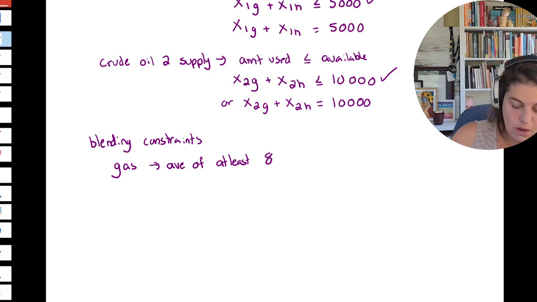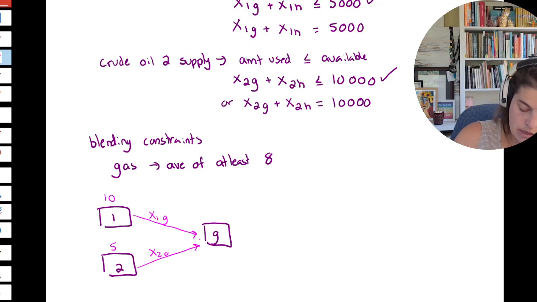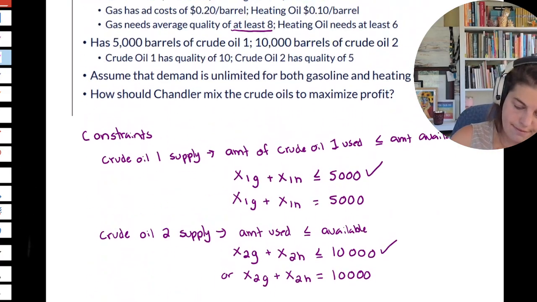So what we want to understand is that crude oil 1 and crude oil 2 are going in to make our gas. Okay? Everything from crude oil 1 has an average of 10 quality. And everything from crude oil 2 has a quality of 5.